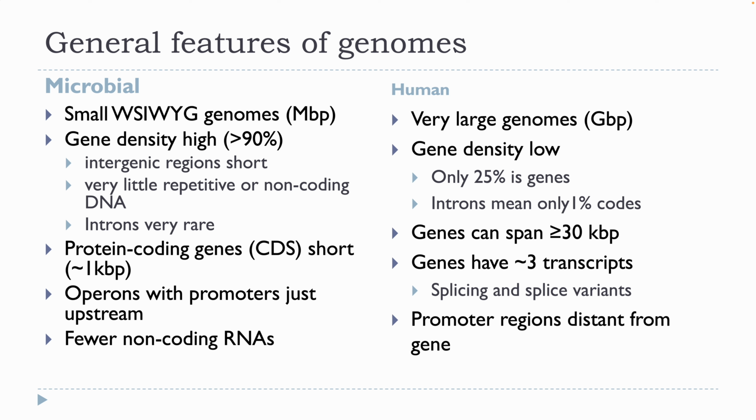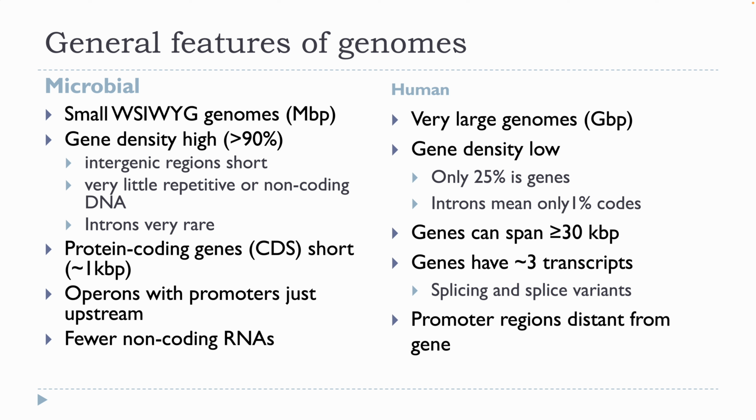Another key point is that the genes typically in organisms like E. coli, not always in all bacteria, but in many bacteria, are arranged in what we call operons, where there's a single promoter just upstream of a series of genes arranged together in a row, and those are transcribed as one single transcript in response to common signals, and generally they encode genes that have similar functions.